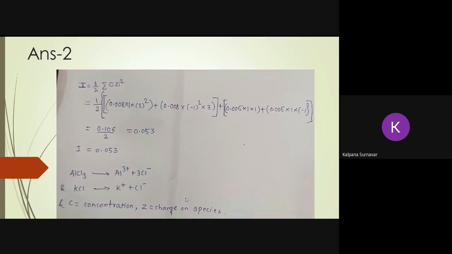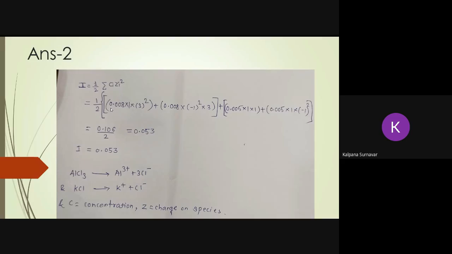Okay, see, just put the values of the concentration and the values of the charges. The first term: AlCl3 dissociates as Al3 plus and 3 Cl minus. So the first term is for AlCl3. Half is outside the bracket, and in the first bracket, just do the calculation of Ci Zi square.